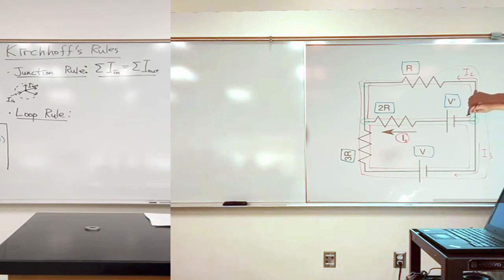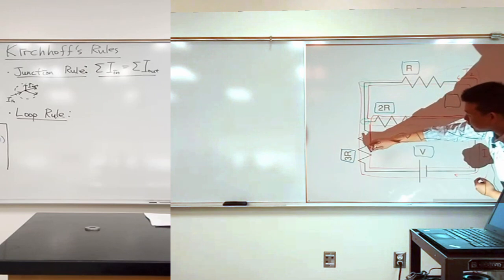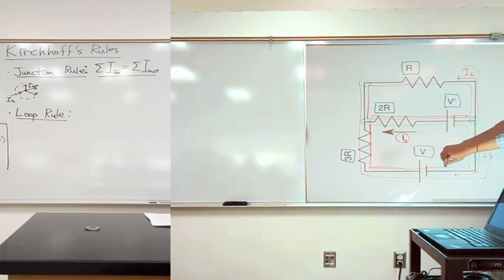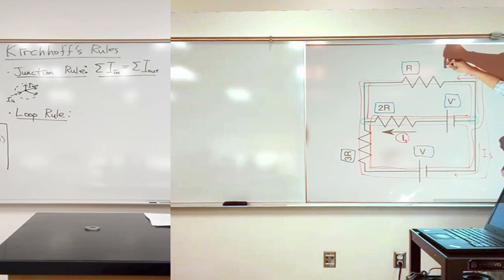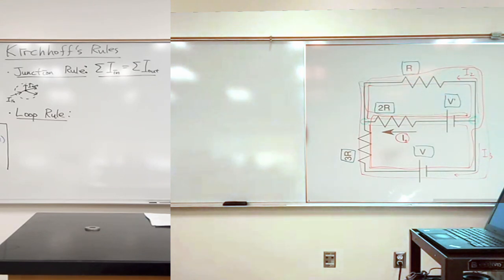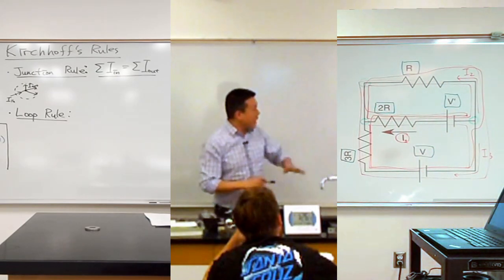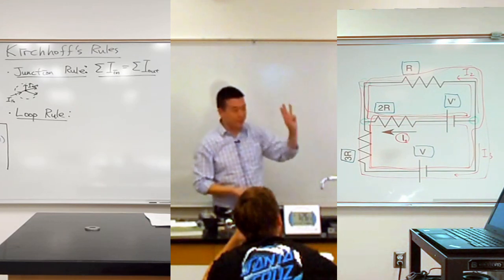I could start off from here, go around this path, go down this way, come down here, and refuse to end here, keep going, and then go around here, and then come back here. That's a loop. I'm not saying that you should define loops that way. So here, the maximum number of useful loops is 3.